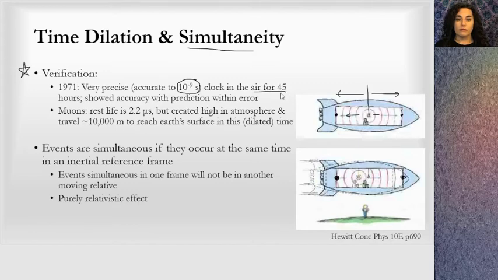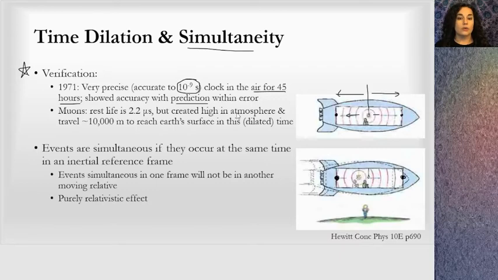They put a clock in the air for 45 hours. They flew it around the world, and it showed accuracy to the prediction within error. If we did this for 45 hours, we should see the clock in the plane be different than a clock on the face of the planet because of the relative motion. And it was true. Amazing.